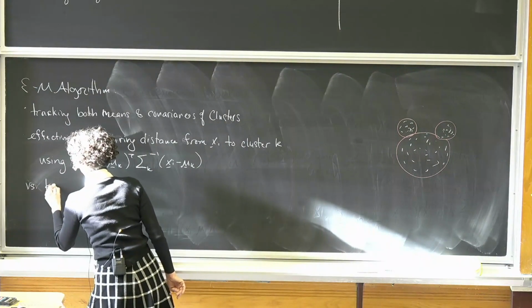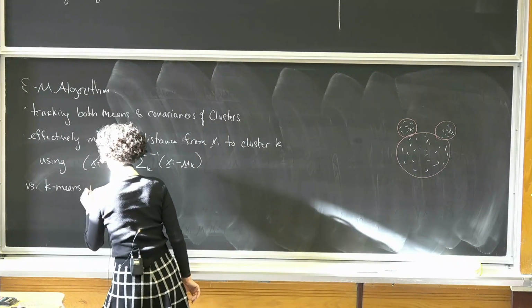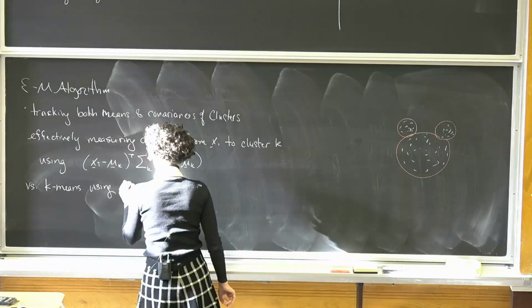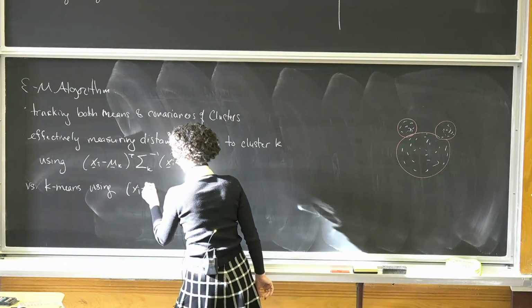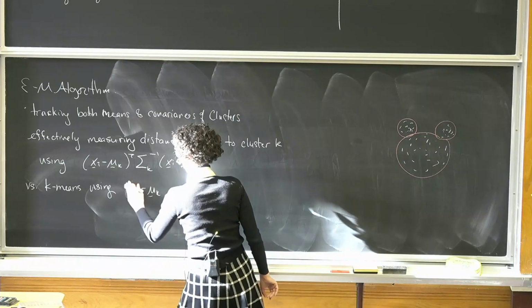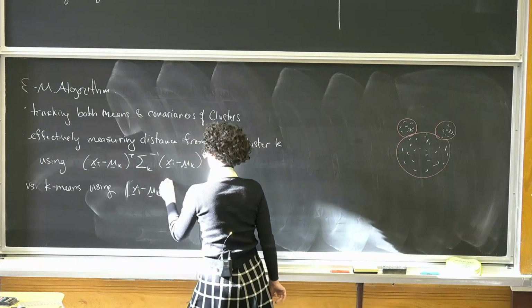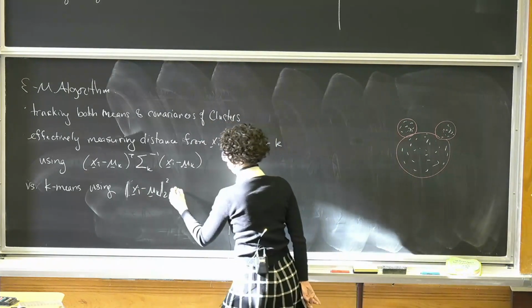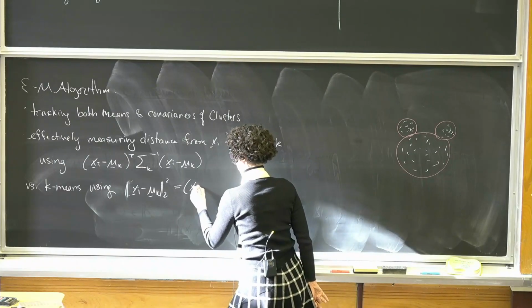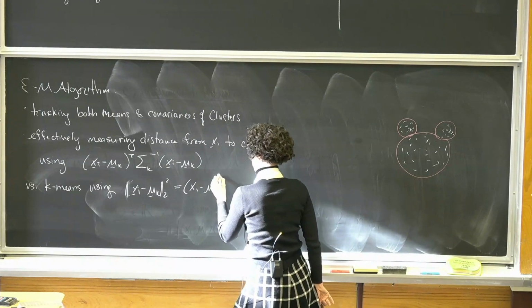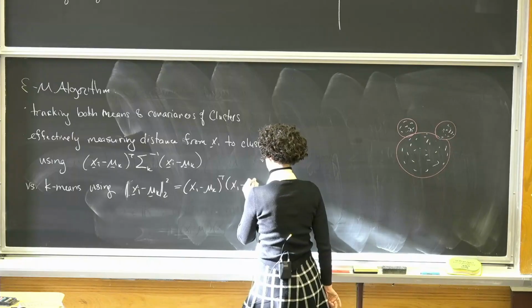Versus in k-means, which is using xi minus mu k, just the Euclidean norm distance squared, which is (xi - mu_k)^T (xi - mu_k).